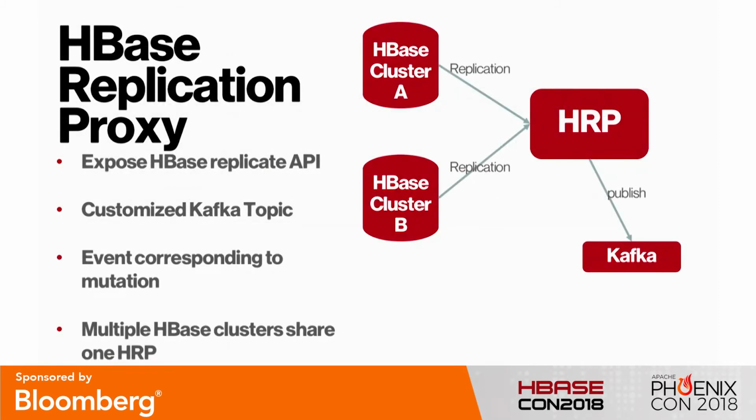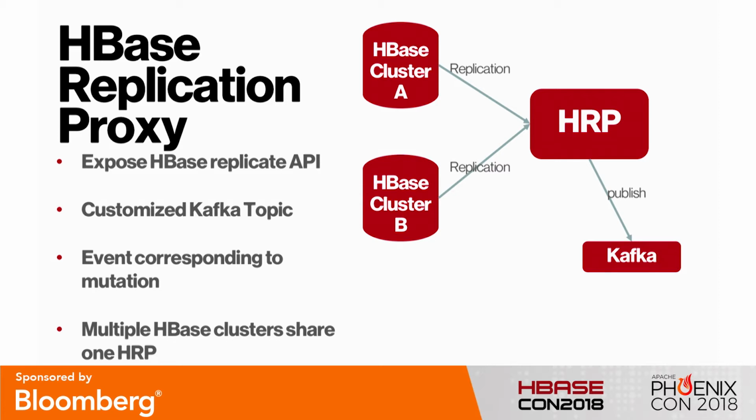First, the HBase replication proxy, which we call HRP here. HRP works like a fake HBase cluster, but instead of writing data to the WAL and the memstore, this service just publishes the data to Kafka.